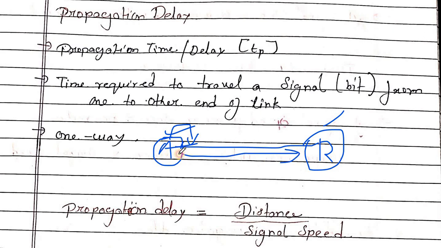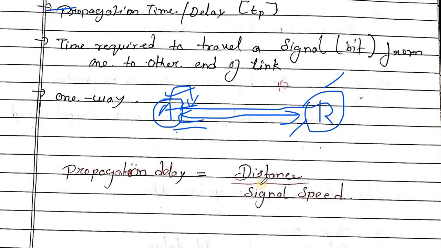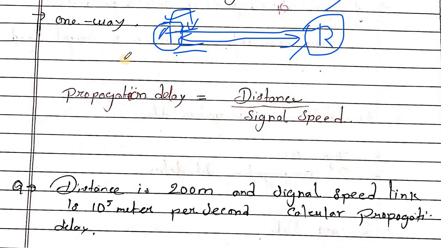The time required to travel from here to here is called propagation delay. It is a one-way delay. If packets come back from here to here, then it is two-way. The formula for propagation delay is the distance from transmitter to receiver divided by the signal speed at which the packet travels.